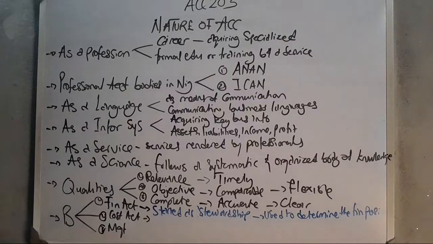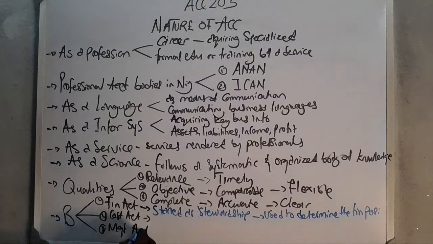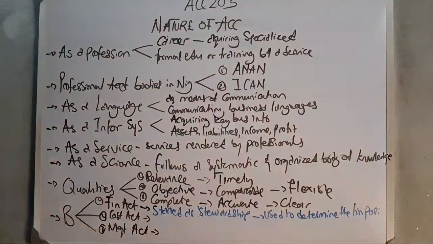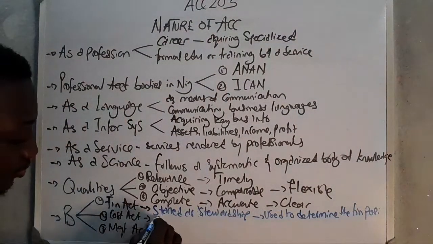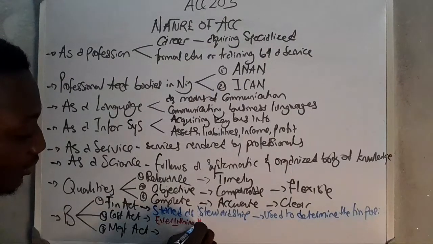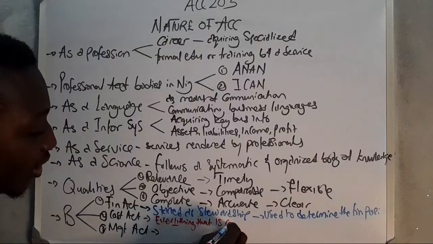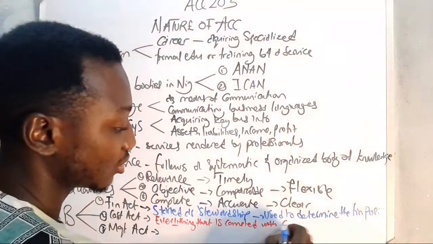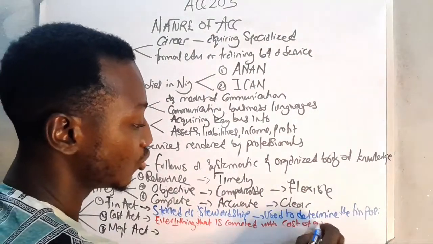So this management accounting also refers to, because it is a branch that basically provides information for management. Let me write this out. Everything that is connected with costs of goods.